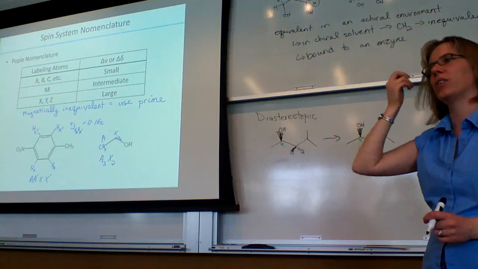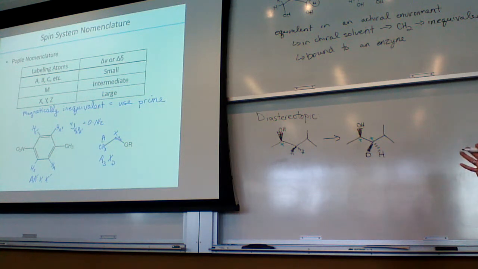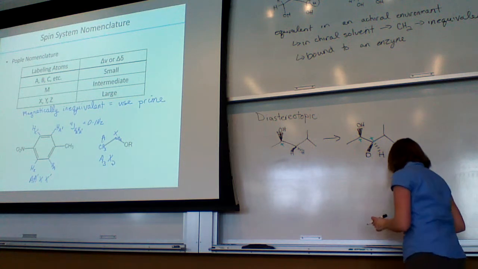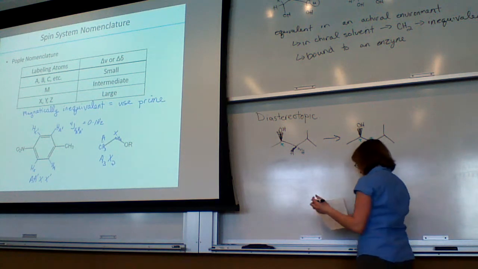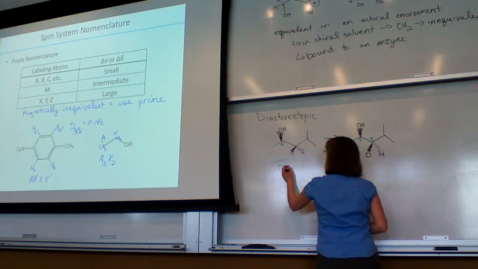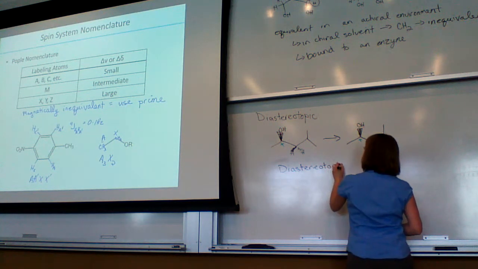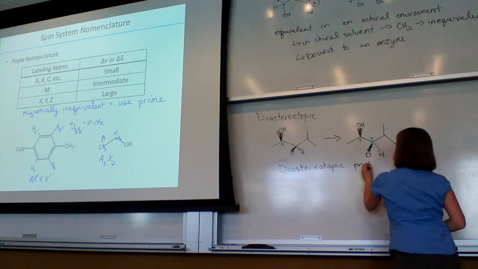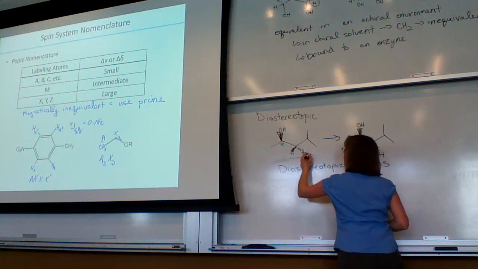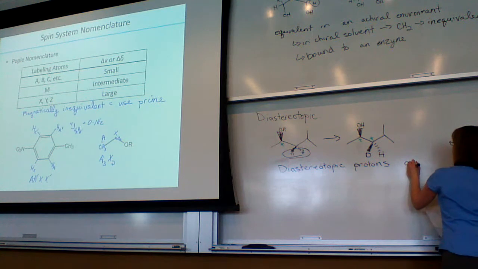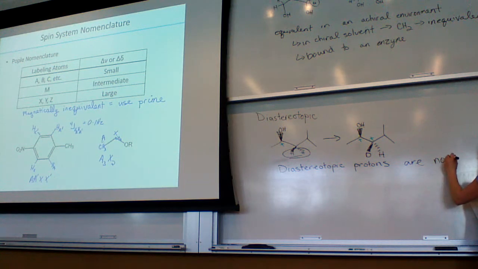This is going to create things that do not follow our n+1 rule. That's what we're going to focus on today. So diastereotopic protons: in this case, these two are not equivalent by NMR.